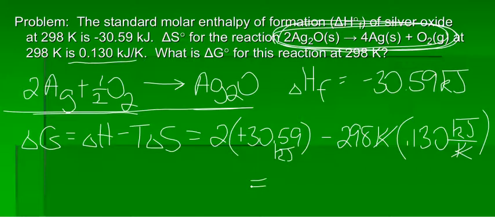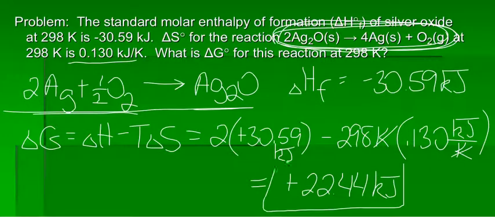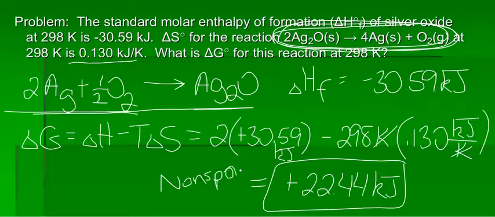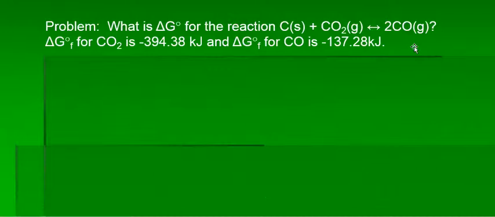And so delta G for this reaction comes out to positive 22.44 kilojoules. And what that tells me is this reaction is non-spontaneous because it's positive. So the reaction as written is non-spontaneous. If I flip it around to where silver and oxygen become reactants, it would be spontaneous because the reverse reaction is spontaneous.